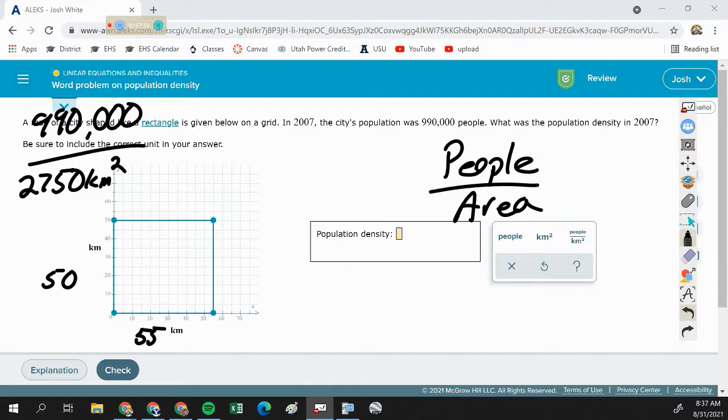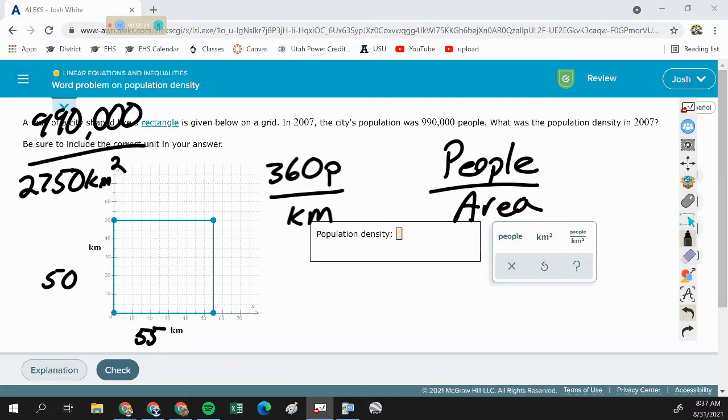So 990,000 divided by the answer. And I get 360 what? People per kilometer. So this city has a population density of 360 people per kilometer.